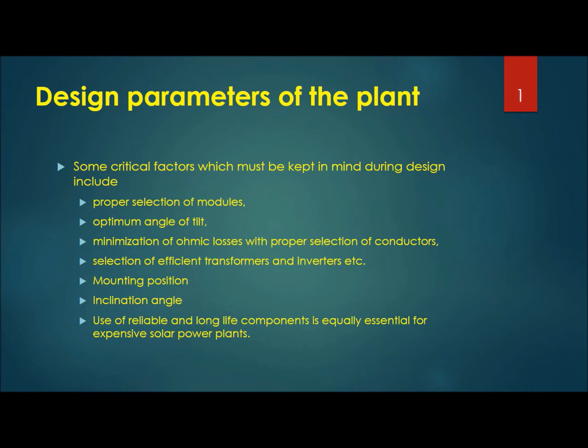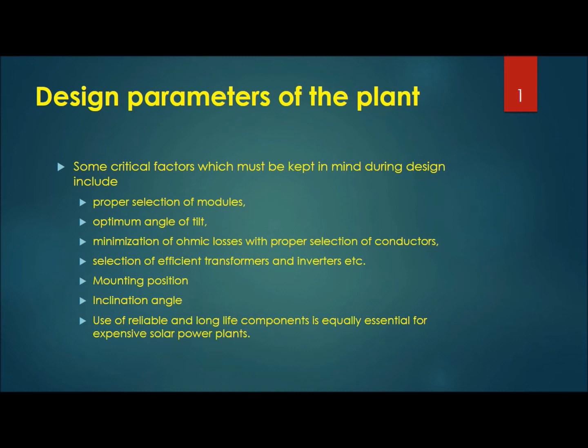The mounting position: for fixed non-tracking systems, the way the modules are mounted will have an influence on the temperature of the module, which in turn affects the efficiency. Lots of experiments have shown that if the movement of air behind the modules is restricted, the modules can become considerably hotter, up to 15 degrees centigrade at 1000 watt per meter square of sunlight.